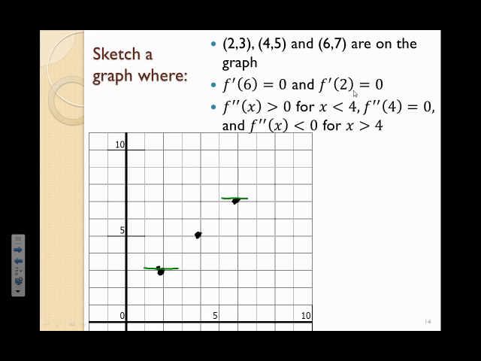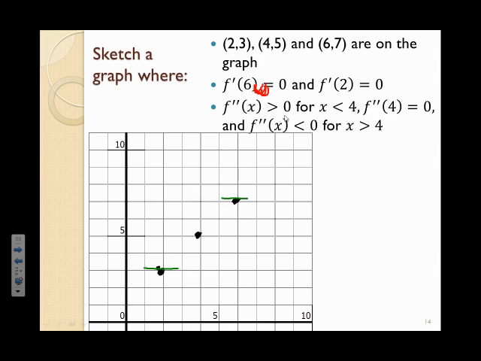Now we can probably guess from here which way it's going to be, but we can be more accurate by doing the third point. And that says that the second derivative is greater than 0. Again, if the second derivative is greater than 0, then that means it's concave up. Remember, the shape will be this kind of U shape.